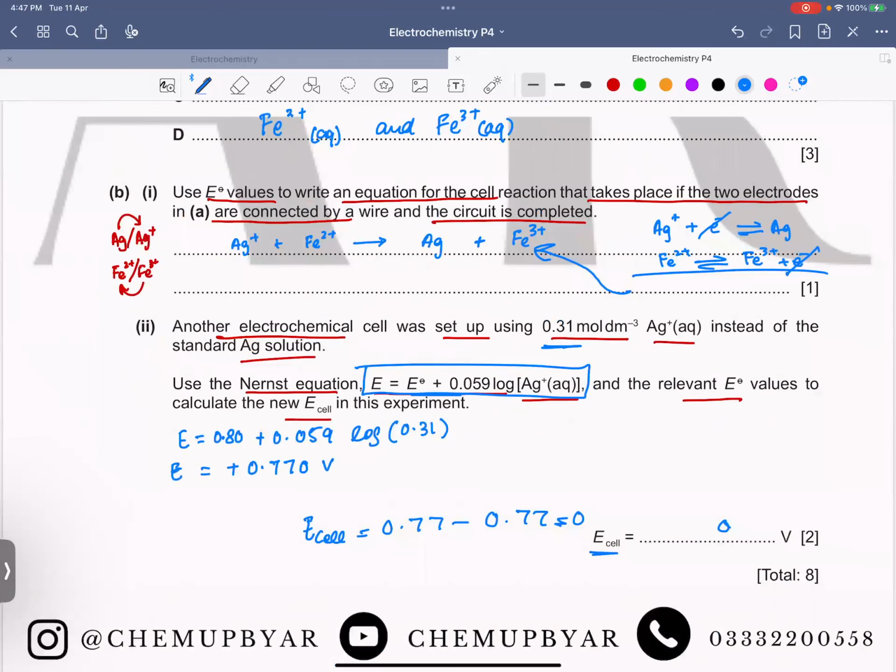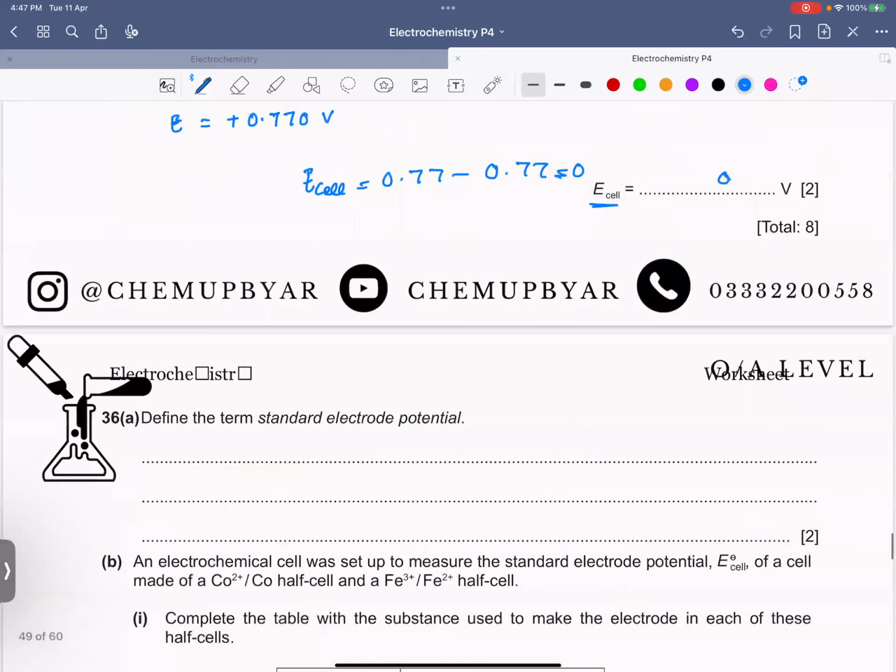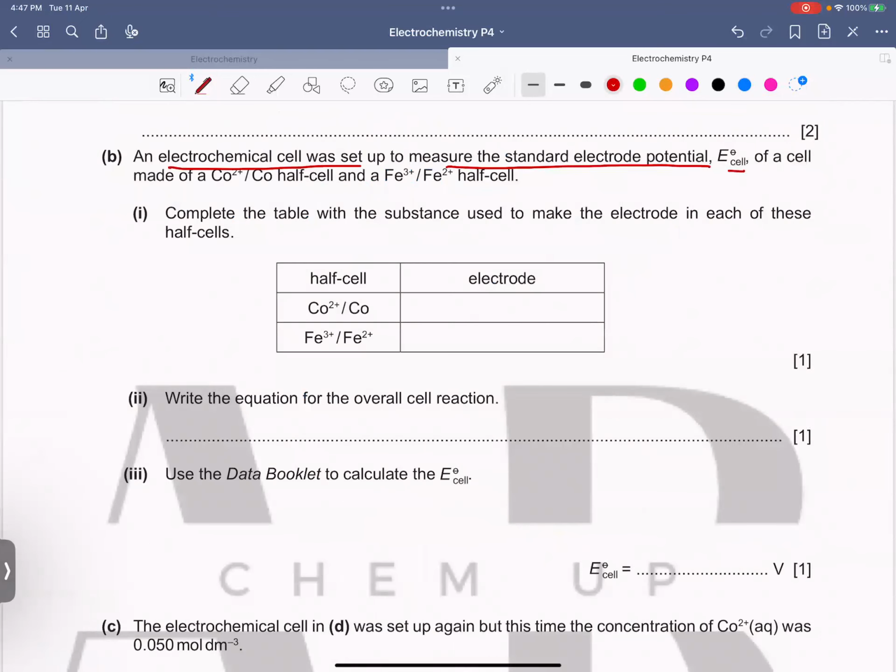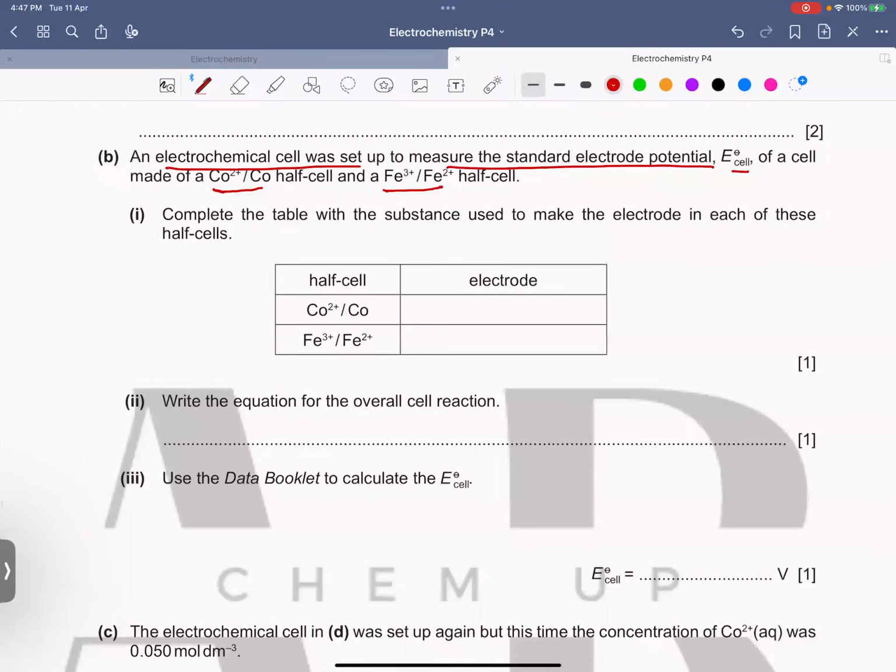Now, an electrochemical cell was set up to measure the standard electrode potential E naught cell of a cell made of cobalt 2 positive, cobalt half cell and Fe3 positive, Fe2 positive half cell. So from here I can easily conclude that here the electrode is of cobalt and here the electrode is of platinum.